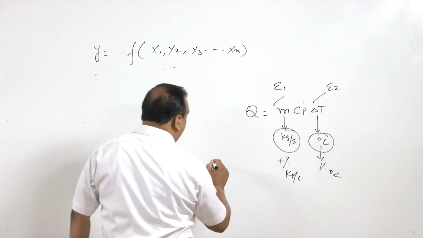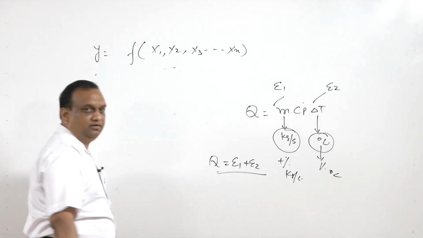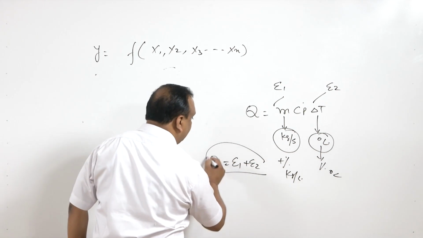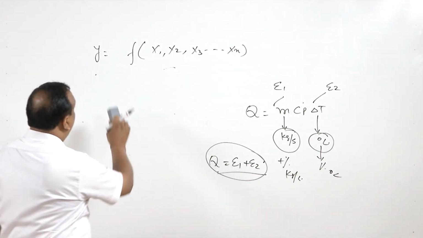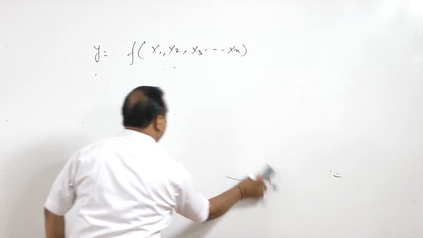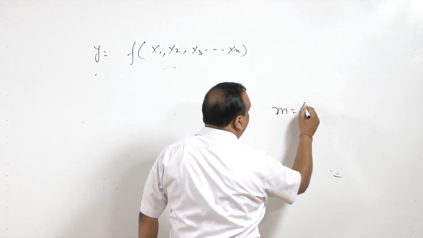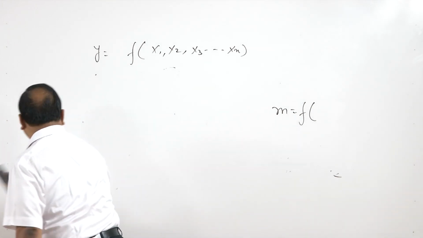So error in Q, shall it be E1 plus E2? It will not. So in order to find this, when y is a function of, not mass flow rate, heat transfer.